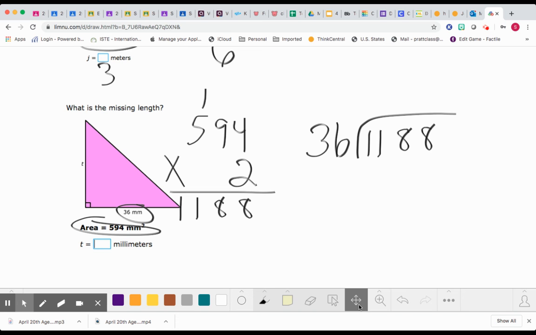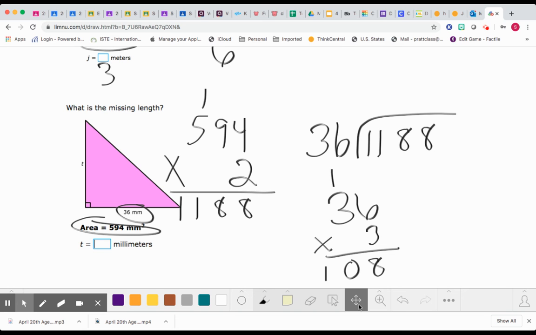What is the closest that we can get? Well, if we do 36 times 3, we're going to get 18, and 3 times 3 is 9, plus 1, and that would give us 108.